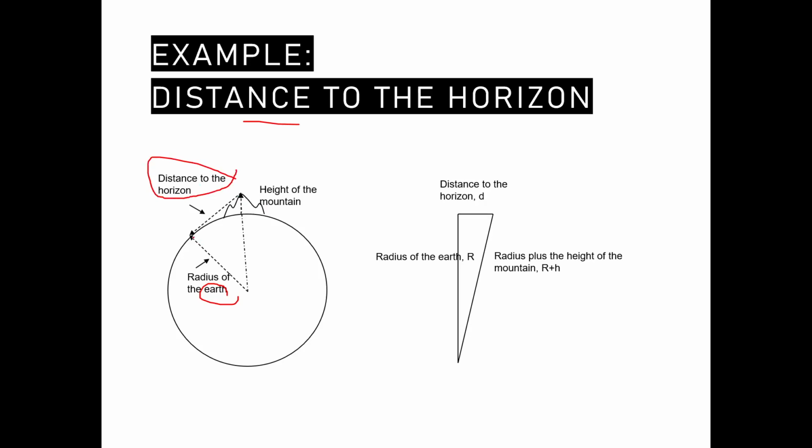So imagine that you are standing right here, okay, this is you, and you want to calculate the distance from the surface of the earth until the height of the mountain. So it's basically the straight line here.